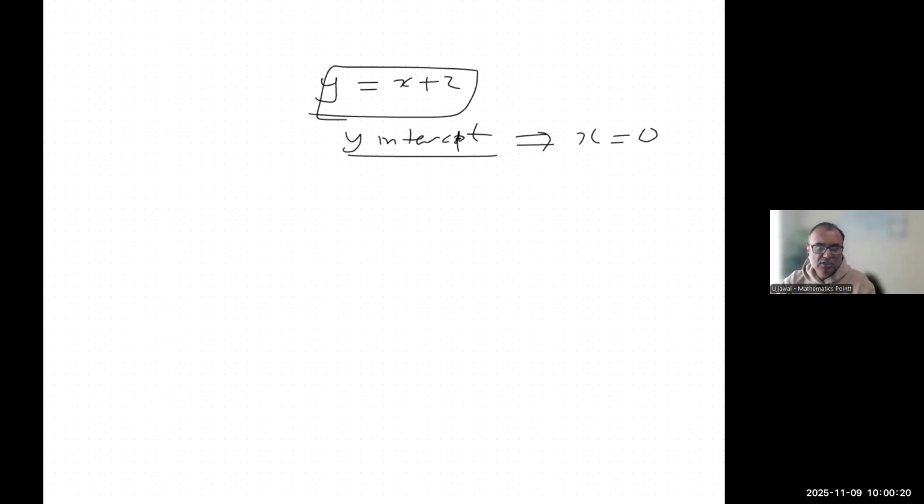So when x is 0, y is 0 plus 2, which is 2. So my y-intercept is 2.